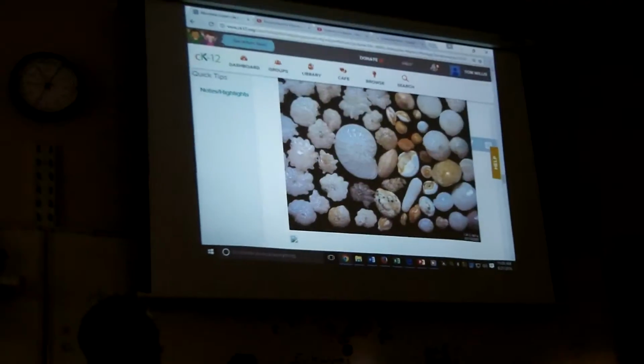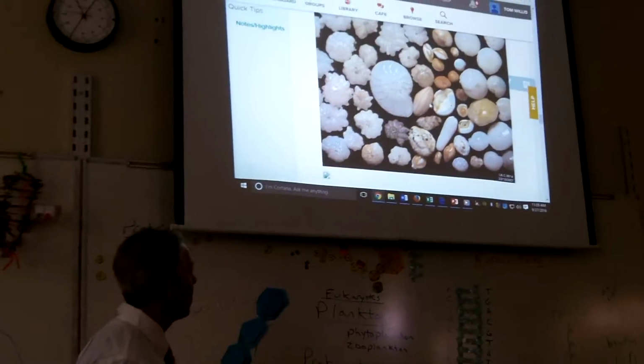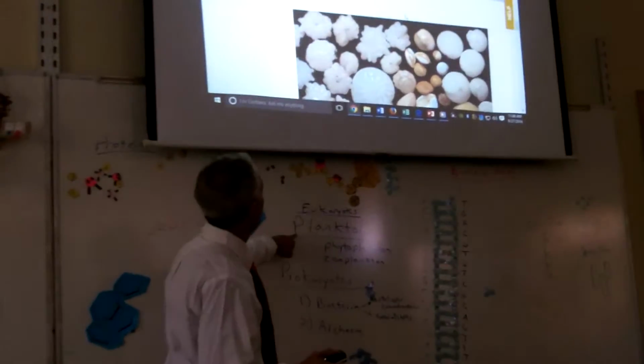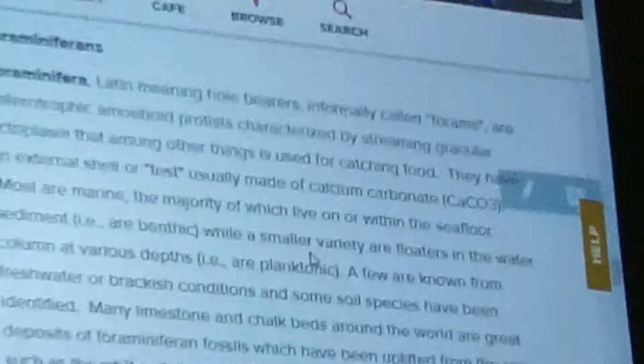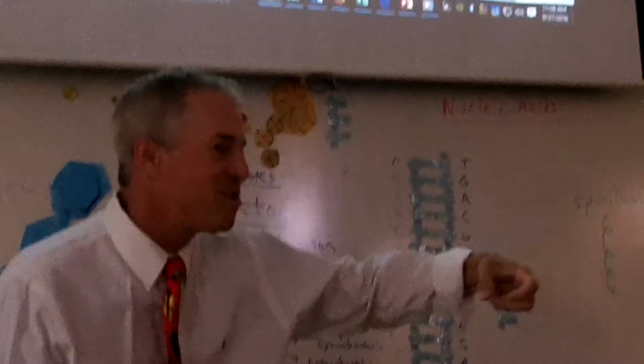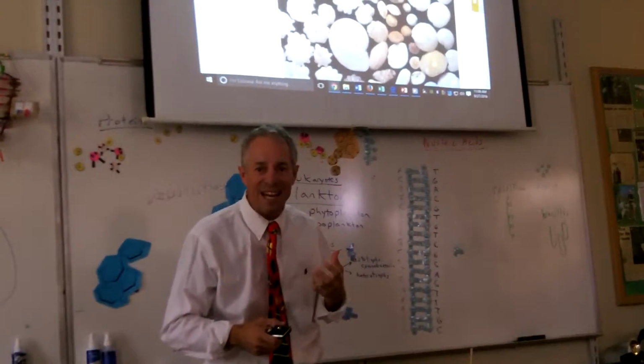These foraminiferans grow. They aren't phytoplankton. They're zooplankton, and they eat other things. Most of them have little holes in their shell that they can reach part of their cell out of, grab something, pull it in and eat it.